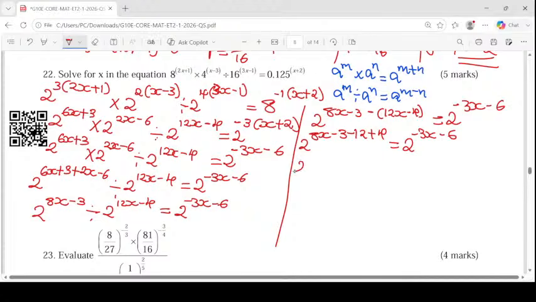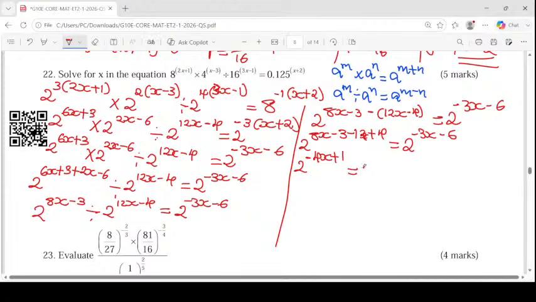So this is 2 power, this was 12x. 8x minus 12x, that is negative 4x. This is not negative x, but negative 4x plus 1, because negative 3 plus 4 is 1.